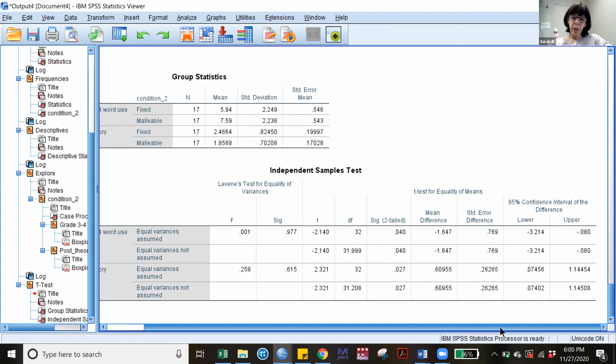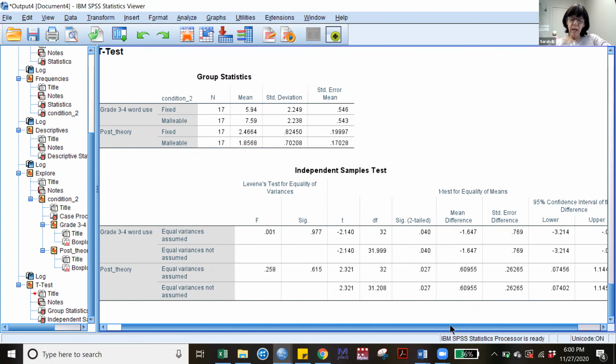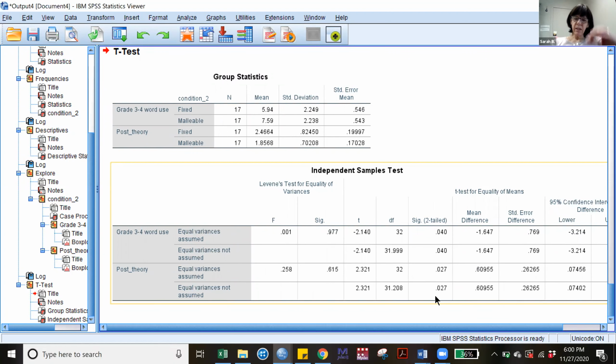Now, the one thing I want to point out to you here is that with a two-tailed significance of 0.027, even if it were a two-tailed test, you would reject the null hypothesis. But with a one-tailed test, the two-tailed significance reported by SPSS needs to be divided by 2. I don't know if the newer versions allow you to pick a one-tailed test or a two-tailed test in the options.